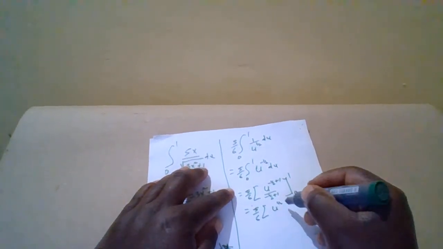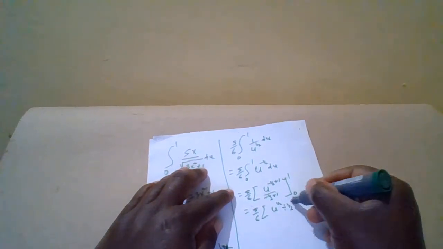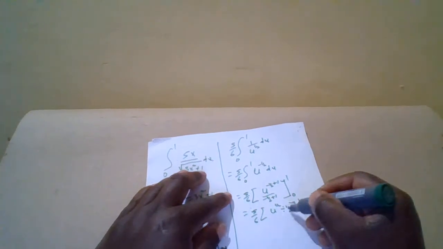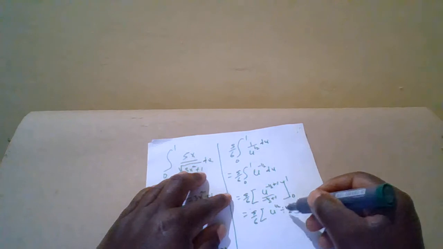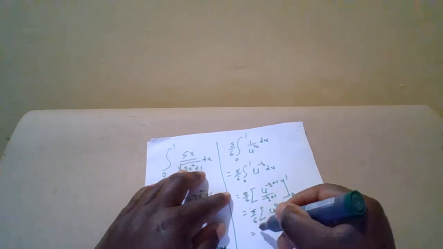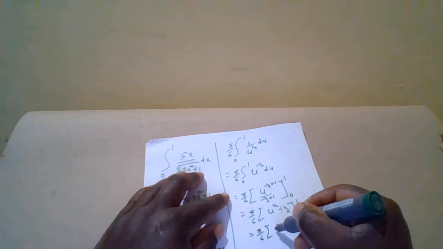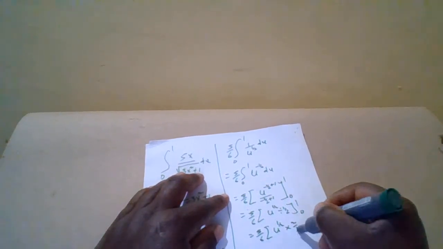So u raised to a half divided by a half is the same as 5 over 6 times u raised to a half times 2 over 1.